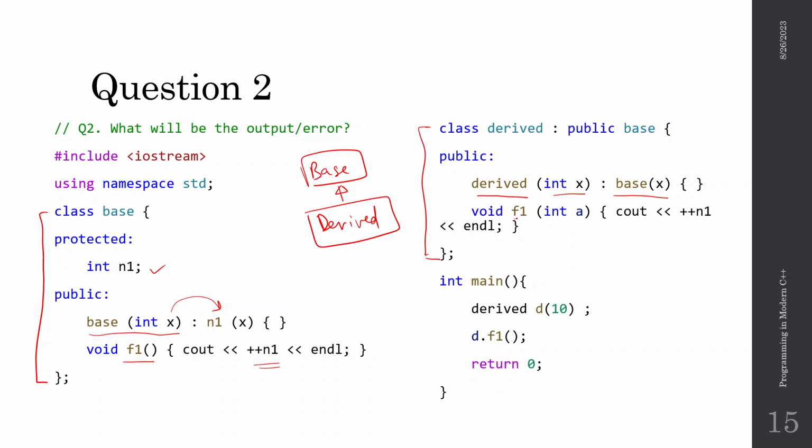And then we again have a function f1 with a value a, and it does the same thing as this. Now notice one thing, that the base class and the derived class both have the same function f1 but with different signatures. So this is an example of function overloading.